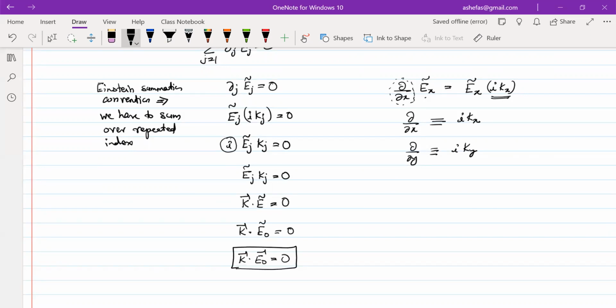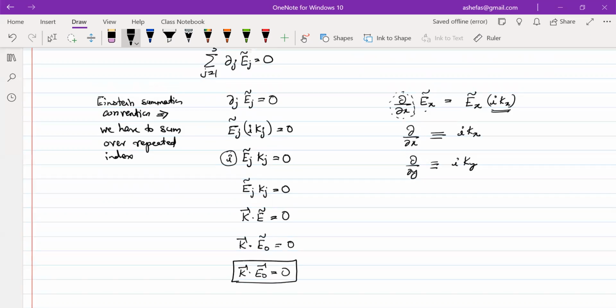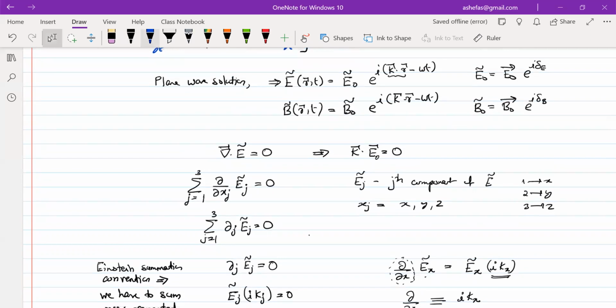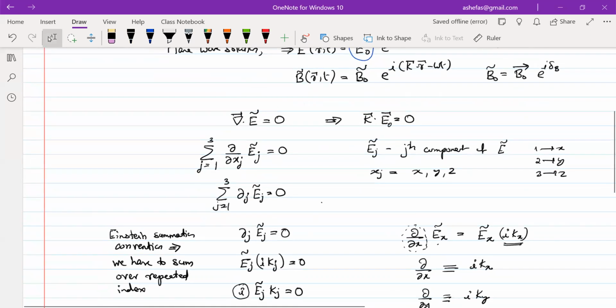Okay, so that means del dot E equal to 0 implies k dot E equal to 0, or k dot E0 is equal to 0. Which means the amplitude of the electric field and direction of propagation are mutually perpendicular. So the electric field is orthogonal to the direction of propagation.